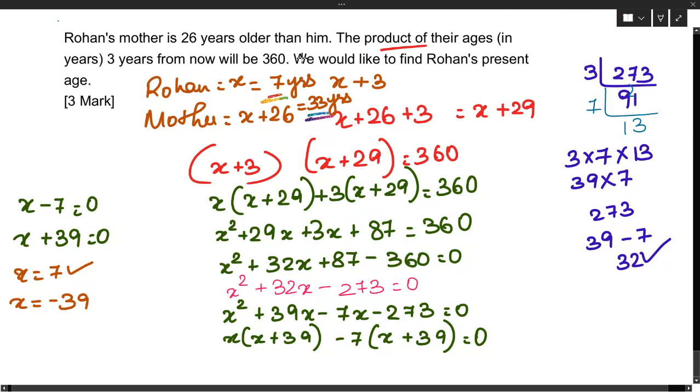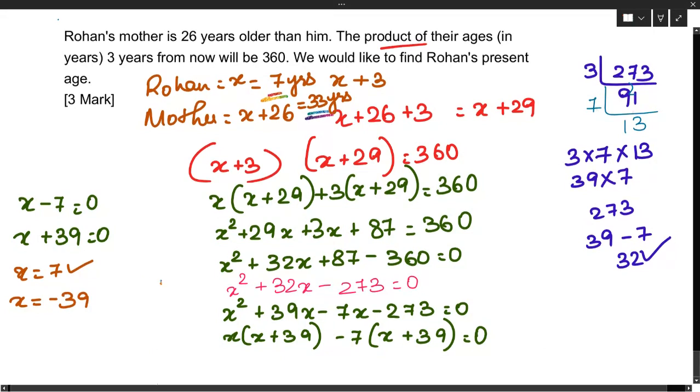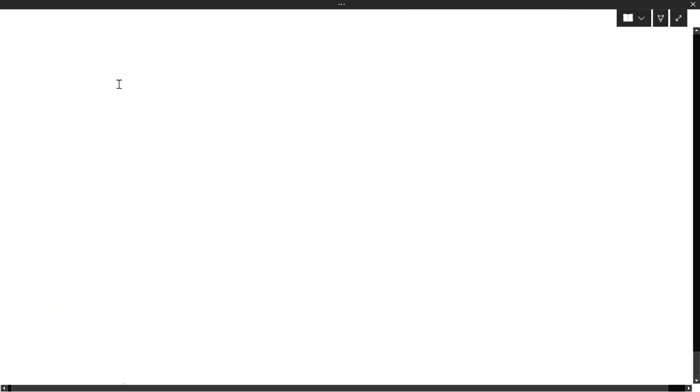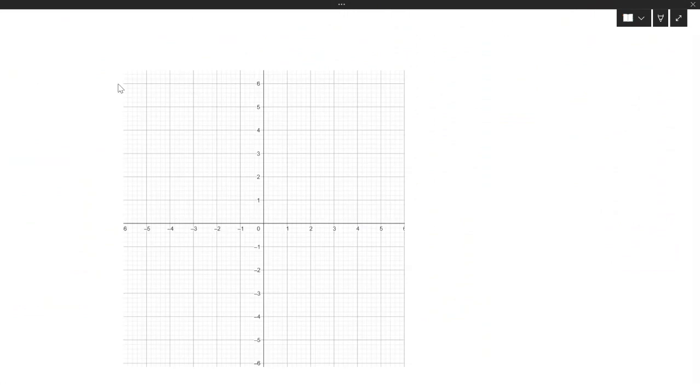Okay, let us take a Cartesian plane first, or a coordinate plane, as we call it, on the screen. Just a brush up on all the concepts. So now we have two axes, x axis and y axis.